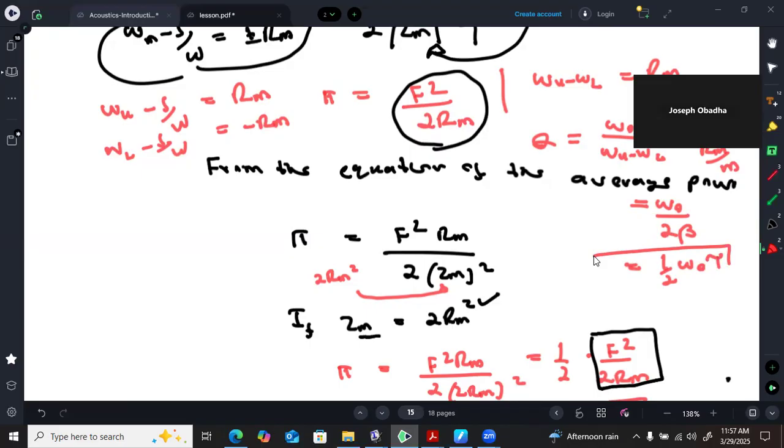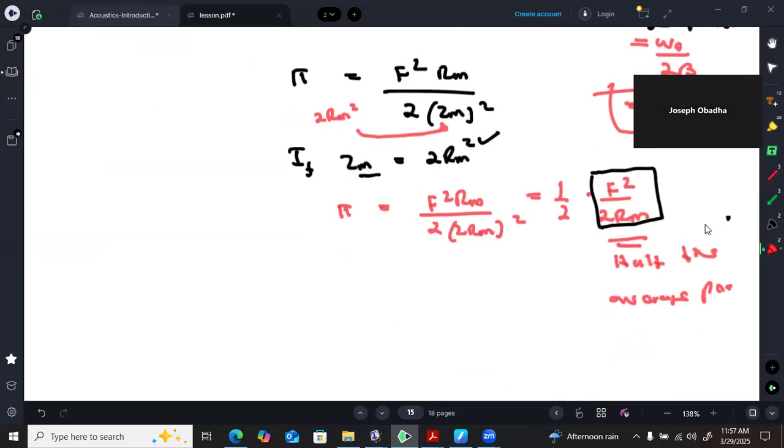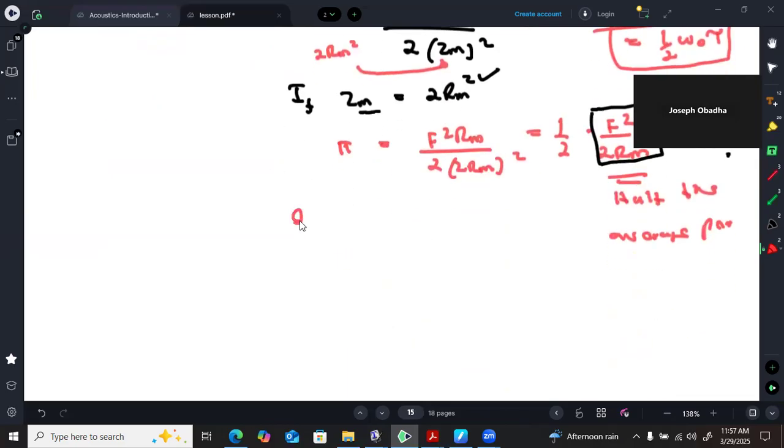Remember how we defined tau as 1 over beta. So we are able to relate the Q factor with the damping factor and the relaxation time. So Q is equal to 1 over 2 omega naught tau, or omega naught over 2 beta.